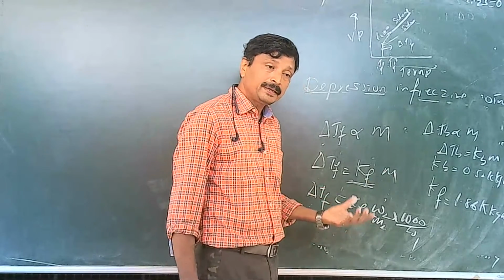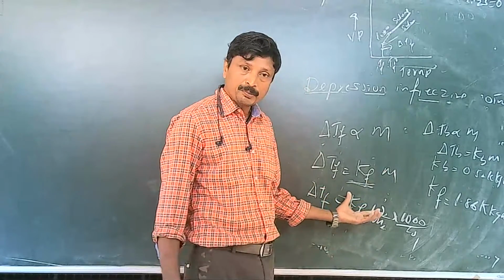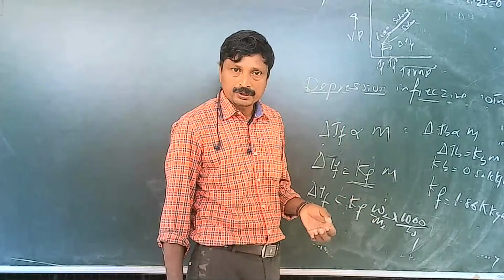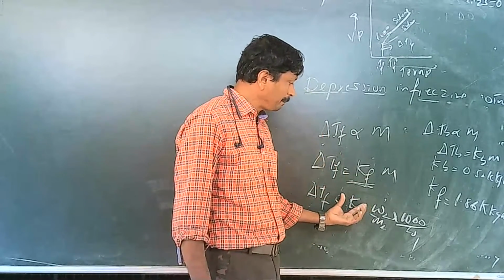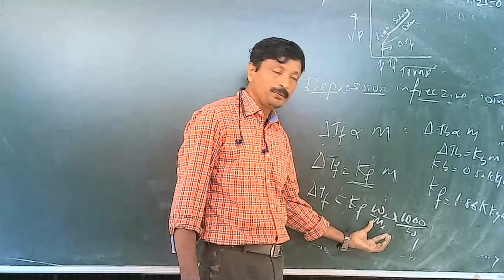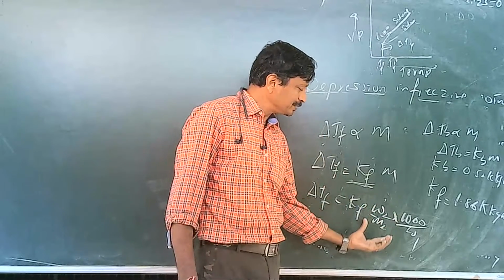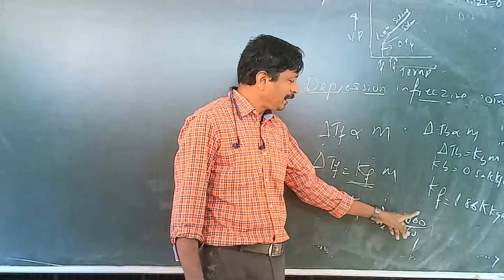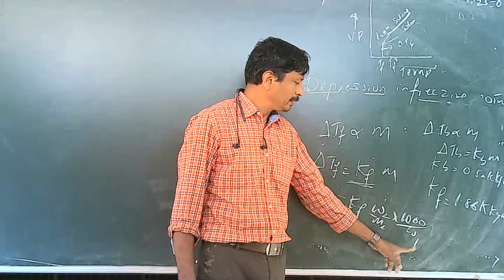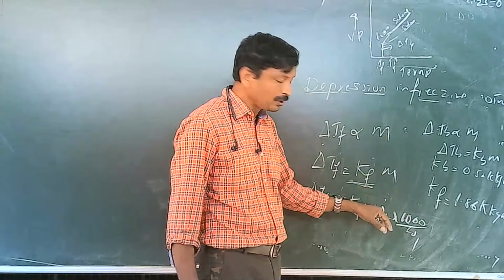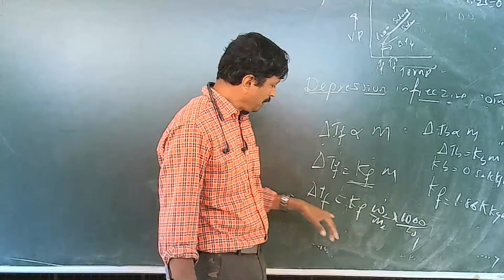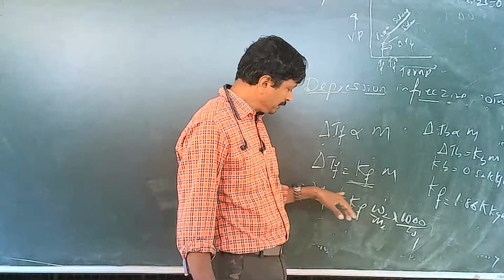You know what delta Tf is: the depression in freezing point. Kf is a constant, called the molal depression constant. W2 by M2 is the number of moles of solute, and W1 and W2 are the mass of the solvent and the mass of the solute respectively.